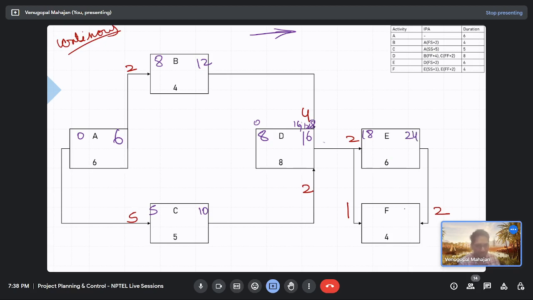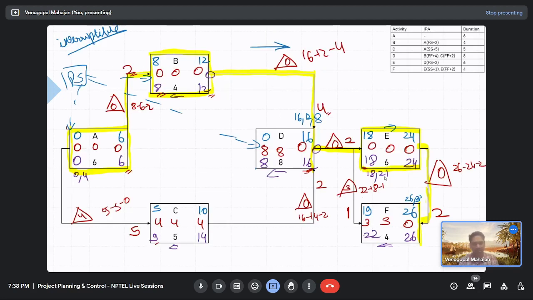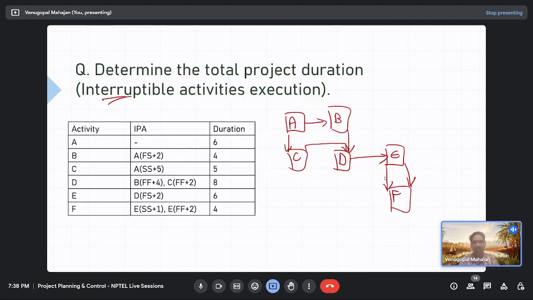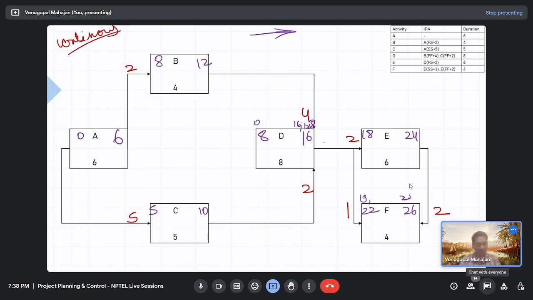So this would be 26, or 18 plus 1, 19. 19 and 4, 23. So it would be 26 minus 4, 22. Right? So you see that your duration is not changing. It was 26 for splitting and 26 for continuous. In this case, okay, let's complete it. Do backward pass also.